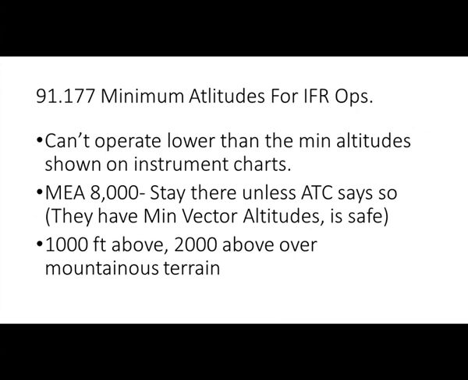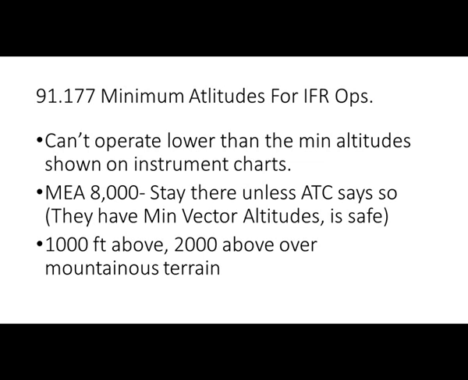You have the minimum altitudes for IFR operations. You can't operate lower than the minimum altitudes in instrument publications. So you have a minimum en route altitude, you stick to that one, unless ATC vectors you to a different altitude.